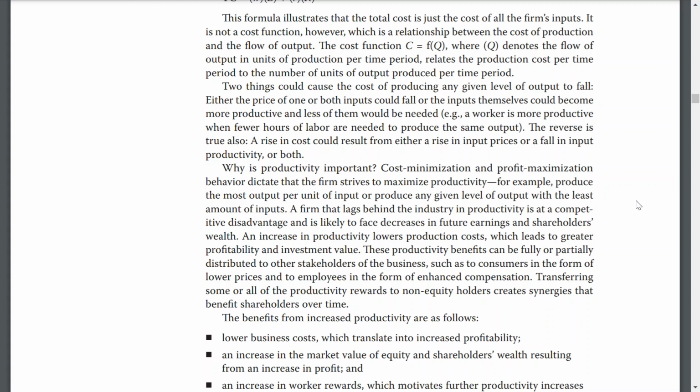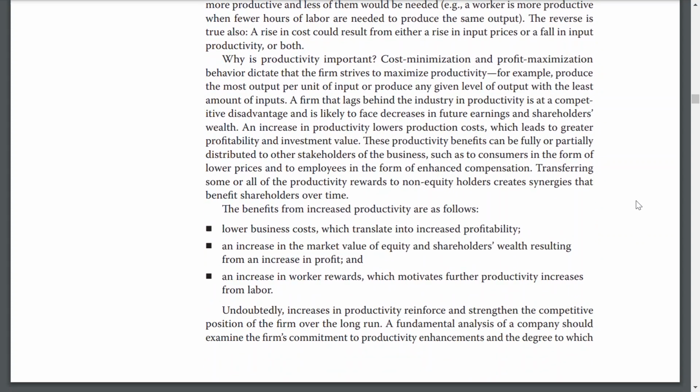An increase in productivity lowers production costs, which leads to greater profitability and investment value. These productivity benefits can be fully or partially passed on in lower prices and to employees in the form of enhanced compensation. Transferring some of the productivity rewards to non-equity holders creates synergies and benefits shareholders over time.